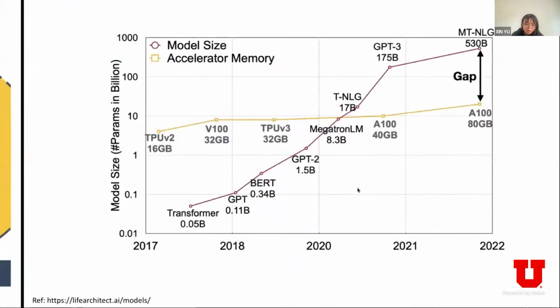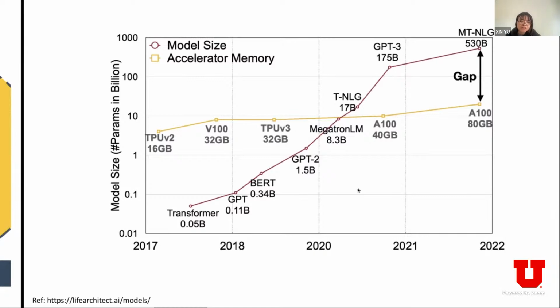The problem is that the current GPU memory is relatively small compared to the model size. The most powerful GPU for now is the A100, and it only has 80 gigabytes of memory.